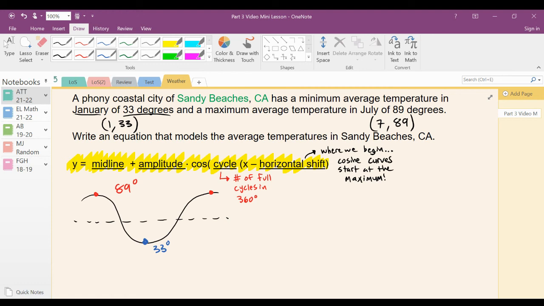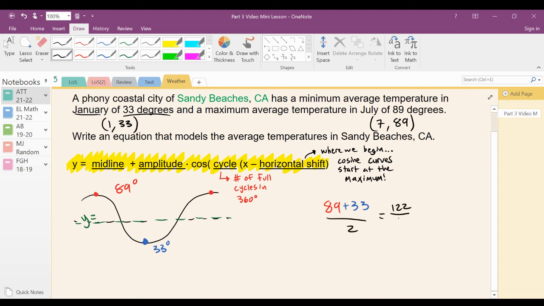But what we need to know for our equation is where the midline is occurring. What value is right here that has our midline? So let's start with that in order to write the full equation for Sandy Beaches, California. In order to find a midline, that's right in the middle of our maximum and our minimum. So I'm going to take those two values, add them together, just like I'm going to average them, and divide by 2.